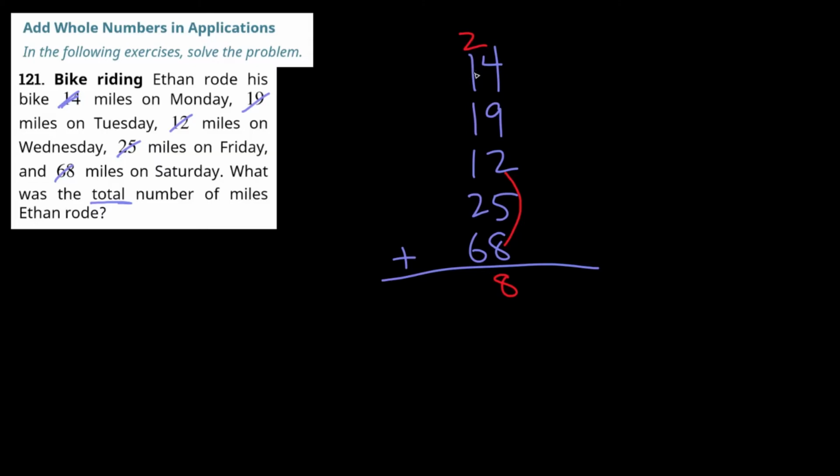We have 2 and 1 is 3, 4, 5, 7, 7 plus 6 is 13. We have the number 138, but it asks the number of miles, so we want to put the units here and write miles. We have 138 miles.